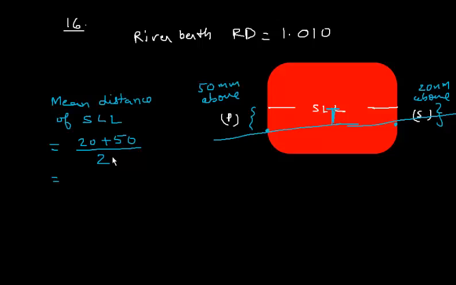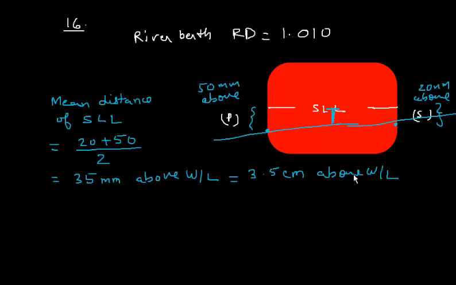So this is 70, divided by 2, which is 35 mm, and obviously it will be above water line. We can write in centimeter, which is going to be 3.5 centimeter above water line. Make sense?